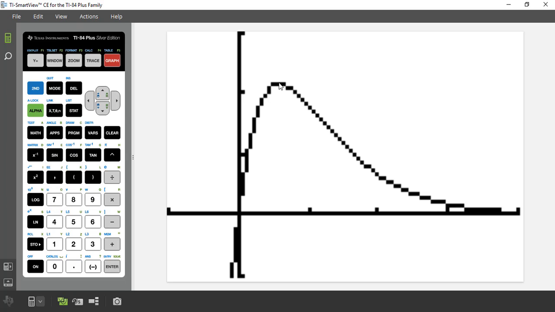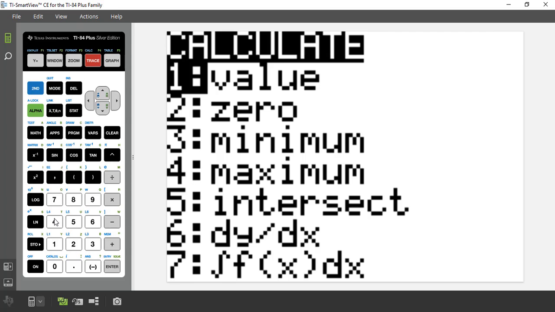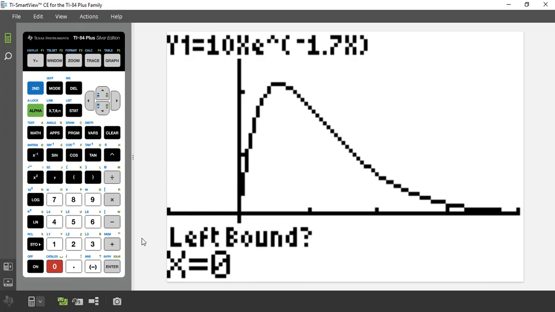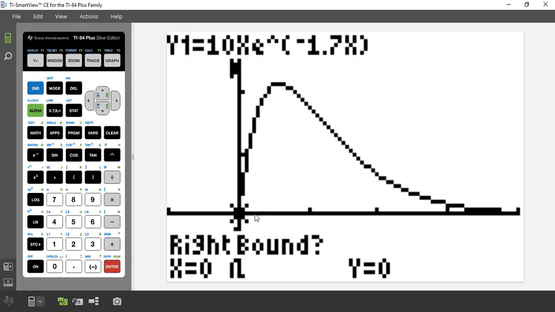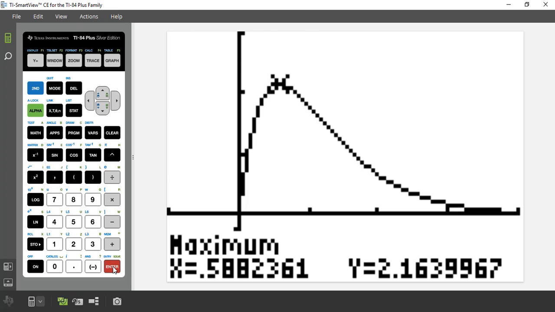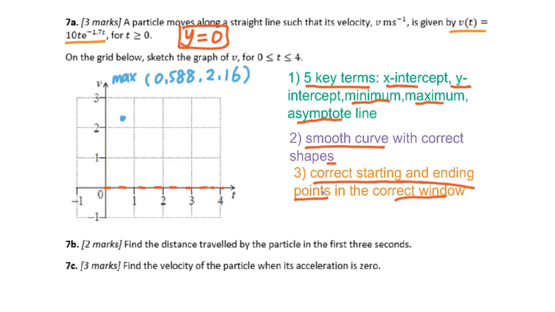Then you go to graph. We need to figure out this maximum point. So do second trace 4. The left bound, let's go to 0. Right bound, we know this is 0, 1, 2. Let's make it 2. Enter, enter. So you get the maximum value is 0.588, 2.16. From the graphing calculator, you could say the maximum point is 0.588, 2.16.